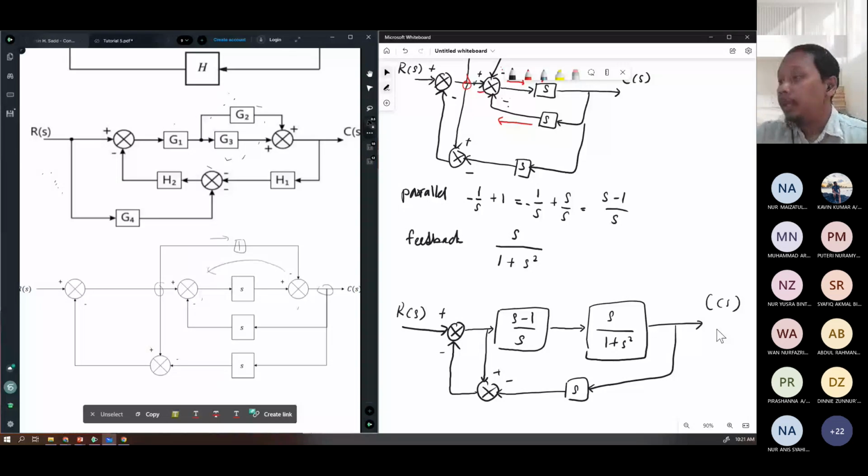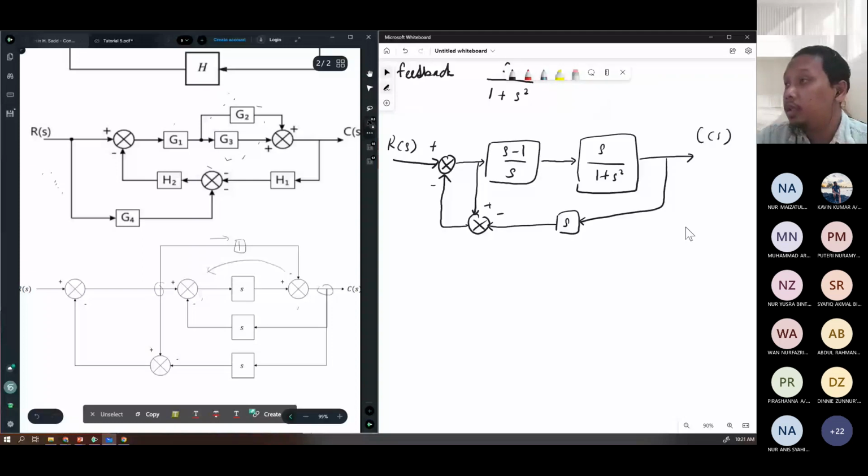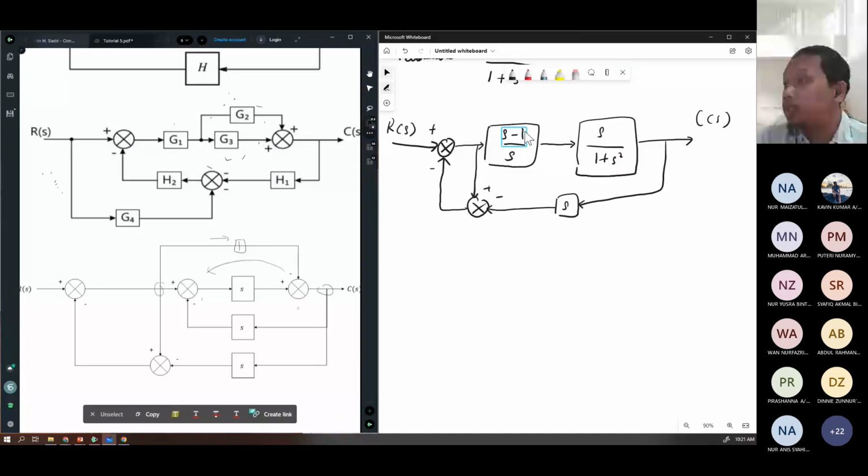Okay, so we simplified the system into this. If you look, this block here and the next block are in cascade, so we can just multiply. Let's multiply first, so this is cascade.